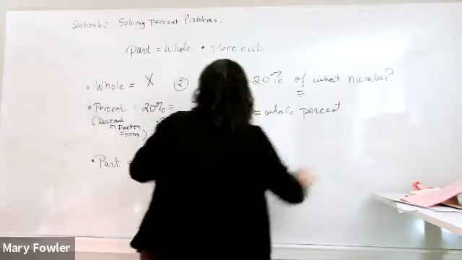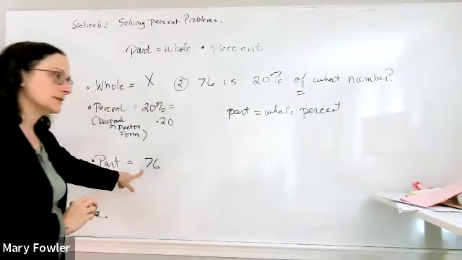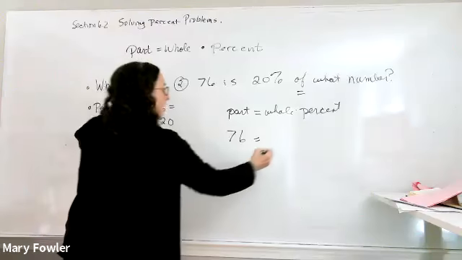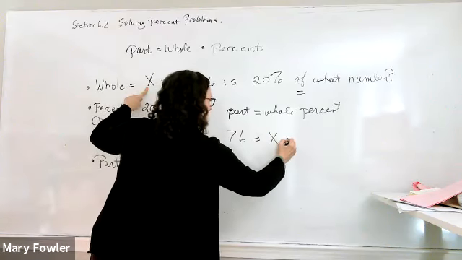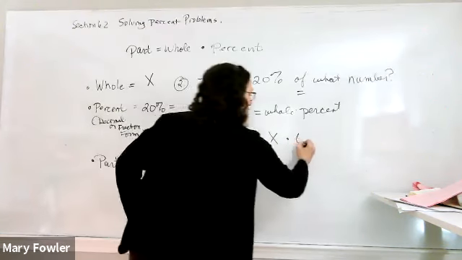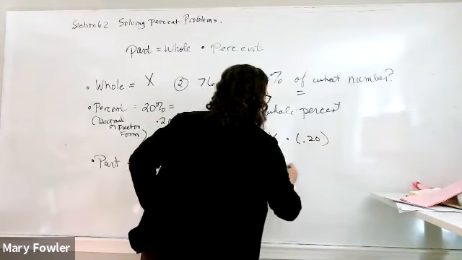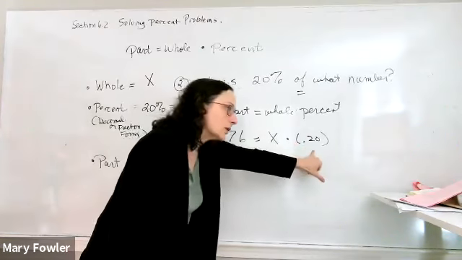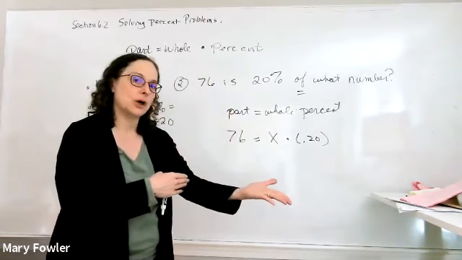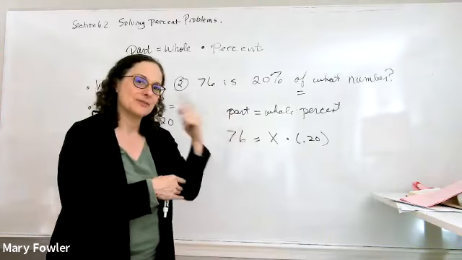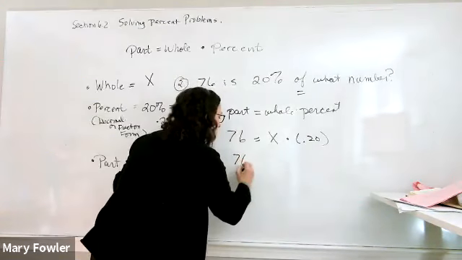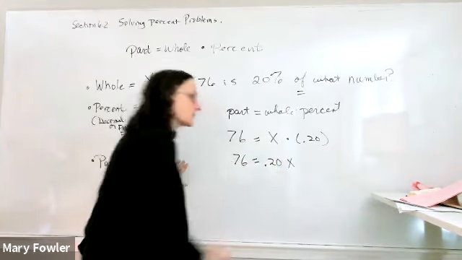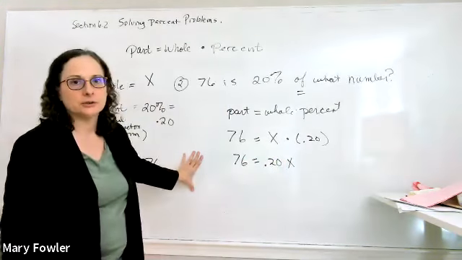All right, so substituting in, 76 is equal to x times 0.20. I'm going to rewrite x times 0.20. We usually put the number in front of the variable, so we'll call it 76 is equal to 0.20x. And now we have an equation.